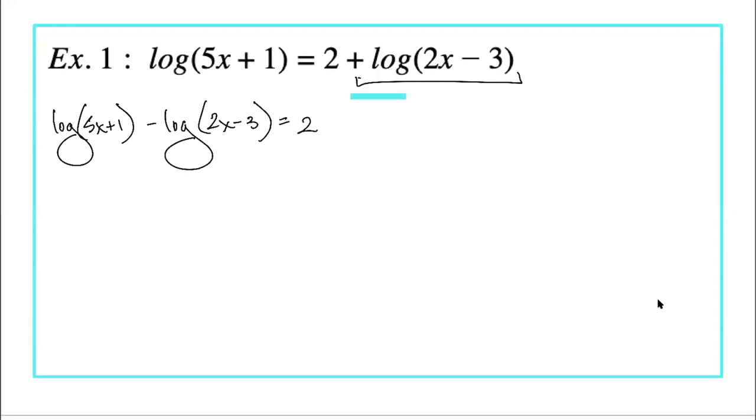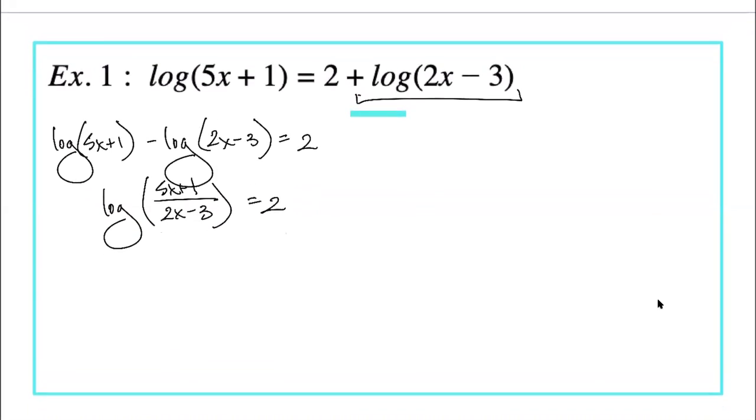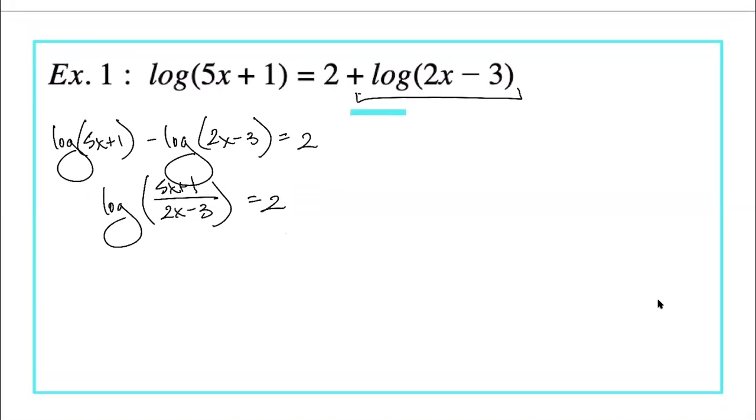Division. Yeah, we're gonna condense those logs. So log of (5x plus 1) over (2x minus 3) equals 2. Now, this might be a really good time to go ahead and write in that base because we don't have one written. So that base is a 10. Okay. What can we do from here?